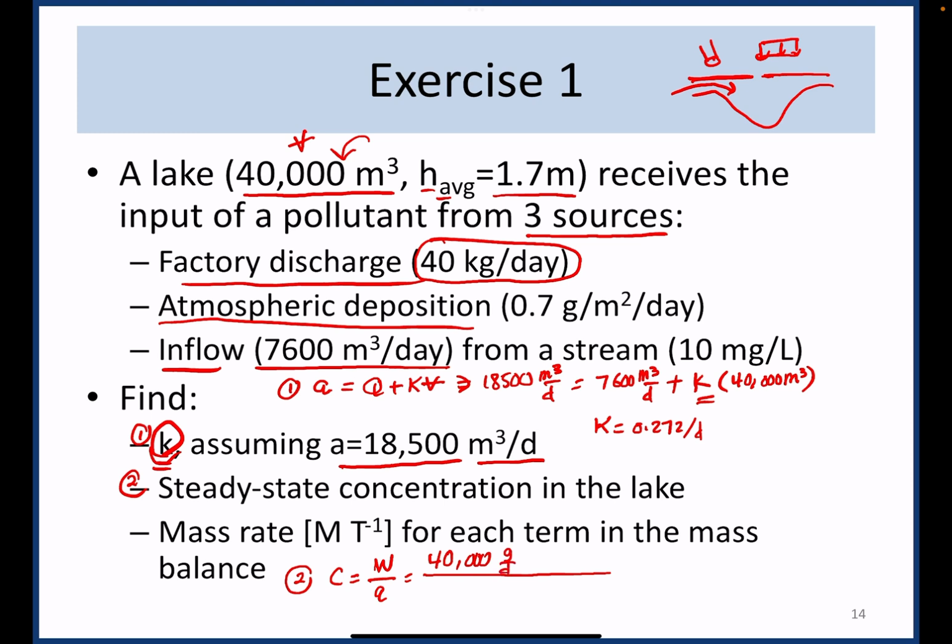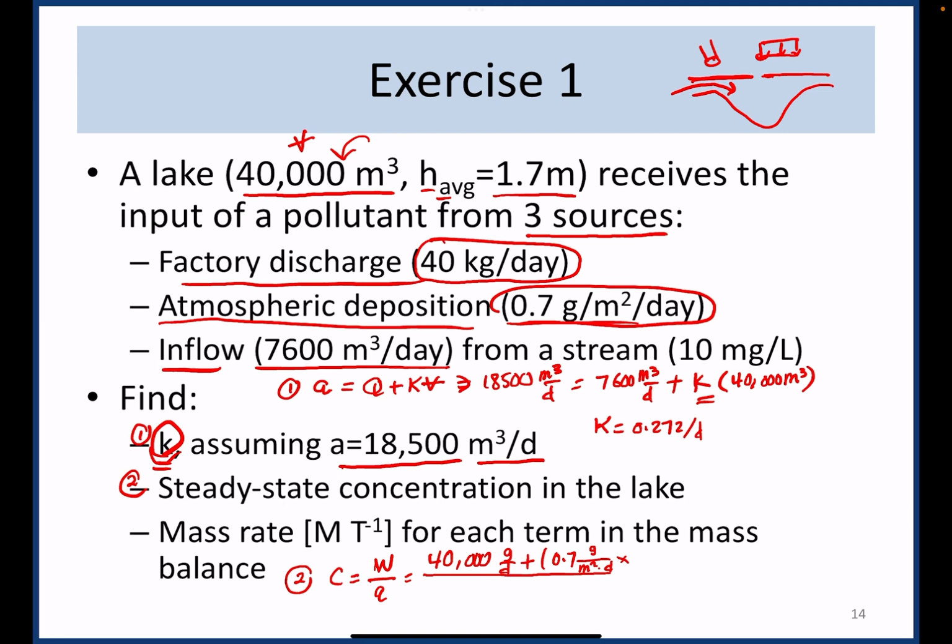Loading number two is the atmospheric deposition, the non-point source. For the non-point source, we have to account for the flux. The deposition is given as 0.7 gram per meter square per day, times the surface area of the lake, so that we get rid of the meter square.